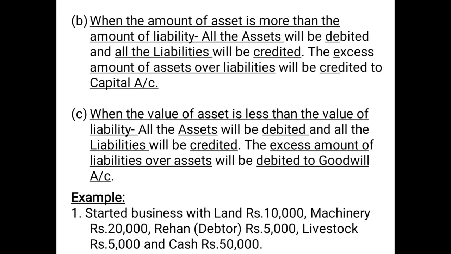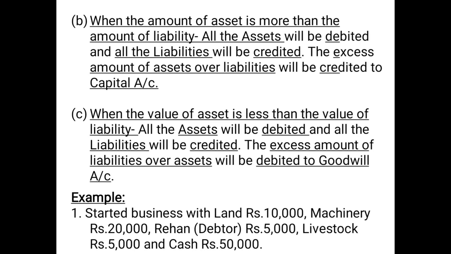If the value of liabilities is more than the assets, that means the deficiency is in the amount of assets, then the deficient amount of liabilities over assets will be debited, transferred to the goodwill account. As you can read here, when the value of assets is less than the value of liabilities, all the assets will be debited and all the liabilities will be credited. The excess amount of liabilities over assets will be debited to the goodwill account.